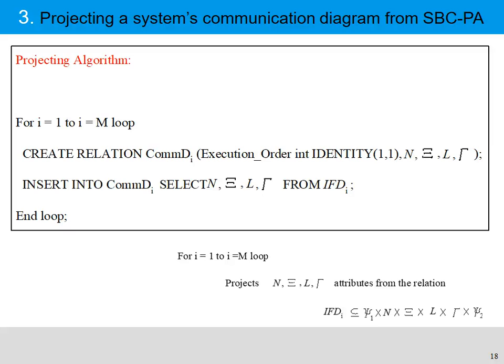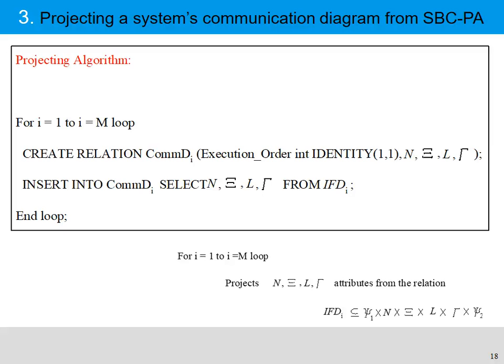Because each system will have n IFD, we will have a loop from 1 to n for each IFD, and each loop will have 2 steps. The first step is to create a new relation called communication diagram with 5 attributes.